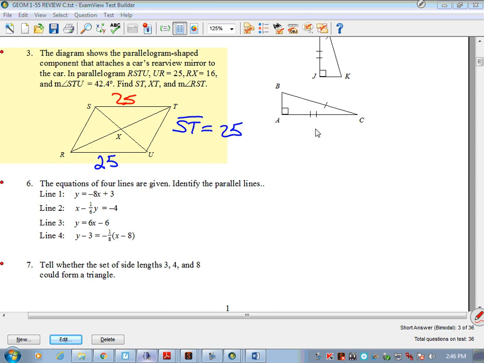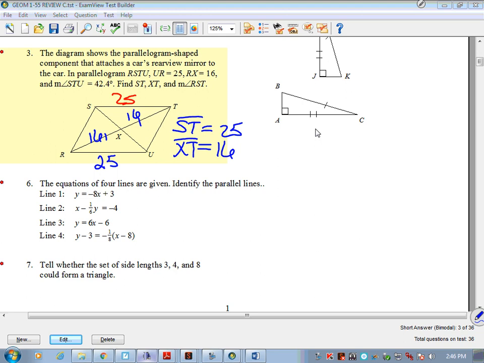So SU is going to cut RT into 2 congruent segments. That's going to be important because what they're going to show me here is that RX is 16, which means if it cuts it into 2 congruent segments, I know that XT equals 16, and I'm going to say because diagonals of a parallelogram bisect each other, or divide into 2 congruent segments.